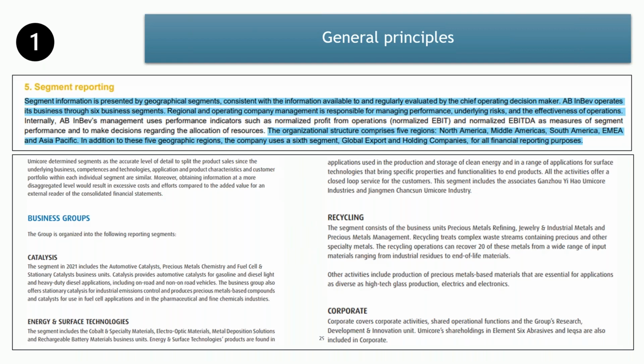The first one is, I think, from Telenet, what they're explaining. And I've highlighted a bit in blue. They say, well, in Telenet, segment information is based on geographical segments, and it's consistent with the information made available to the chief operating decision maker. What you note here, also, they don't define the chief operating decision maker.